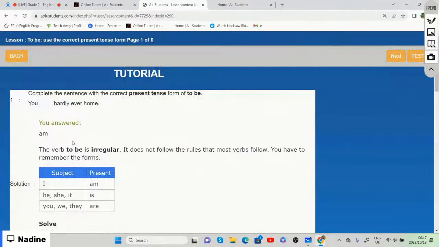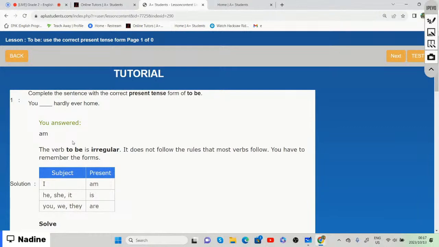It's happening in the present hour. It happens now. Present tense. And we said the verb to be is irregular, right? And we say that it does not follow the rules that most verbs do. You're just going to have to remember the forms.